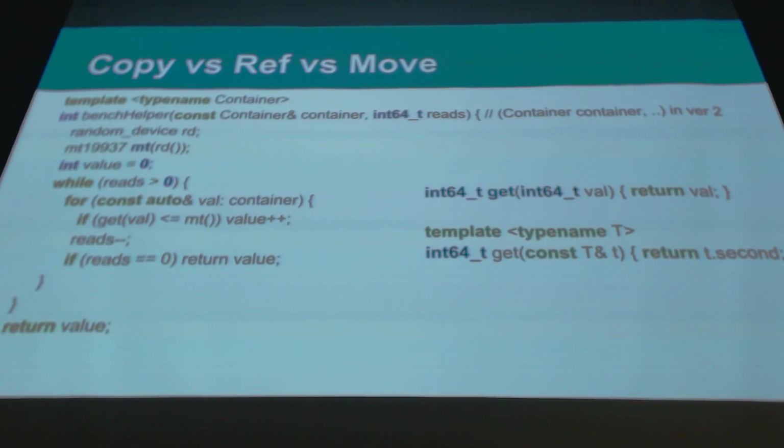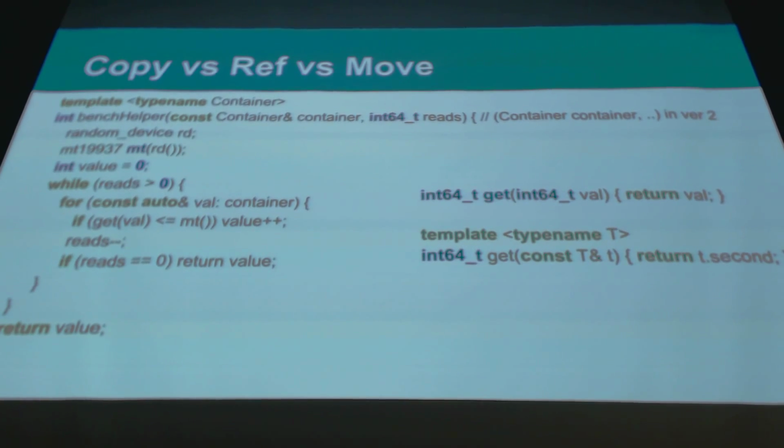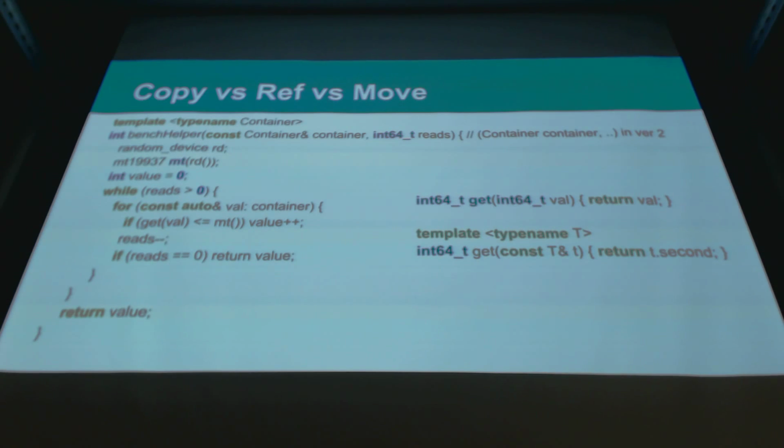So what I'm doing here is I am just iterating over some container, and I'm iterating it till the reads go to 0. And I have to do something with the container, so the optimizer will not just wipe out the whole thing.